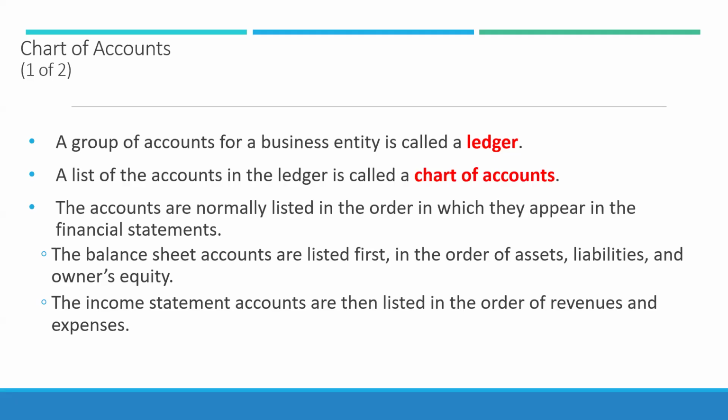So basically, when we look at a balance sheet, and I'll show you that in a minute, we start with assets, then we do liabilities, then we do owner's equity, and then on another income statement are our revenues and our expenses. So that's the order in which they appear. That's how we normally list them. The balance sheet is listed first in the order of assets, then our liabilities, then our owner's equity.